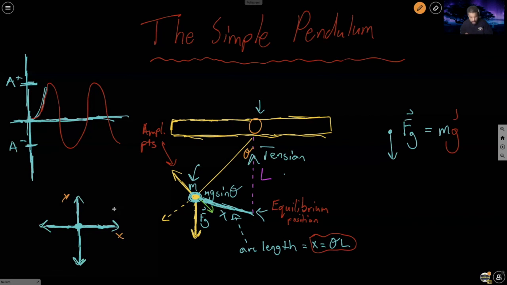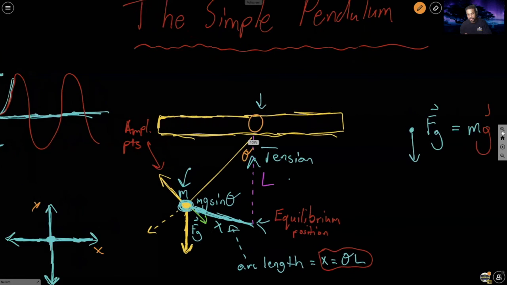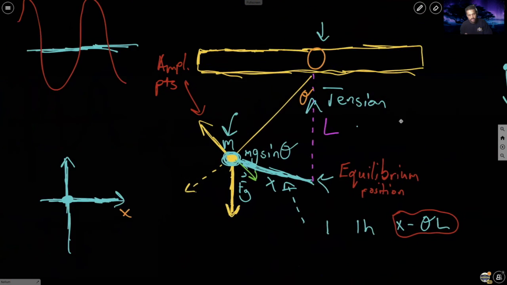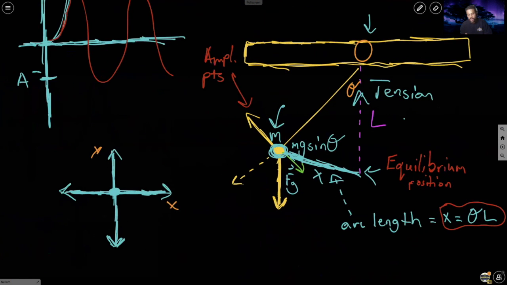Okay, and we see that we have gravity pointing down, okay? But we also have this component here. So we know that if we zoom in a little bit, we see that this pendulum is moving two-dimensionally, okay, right?